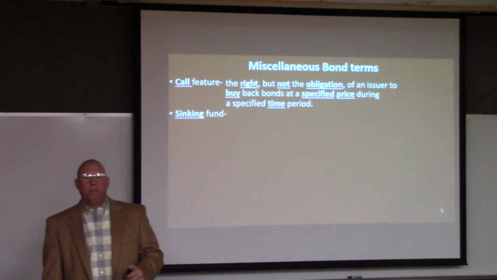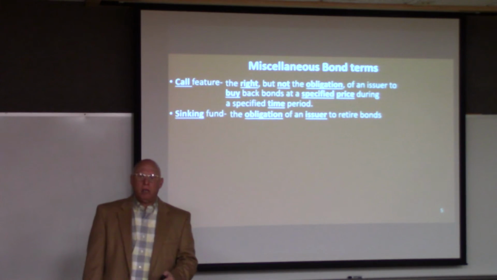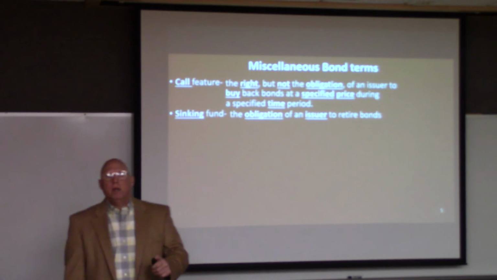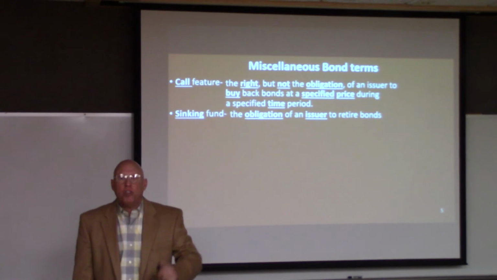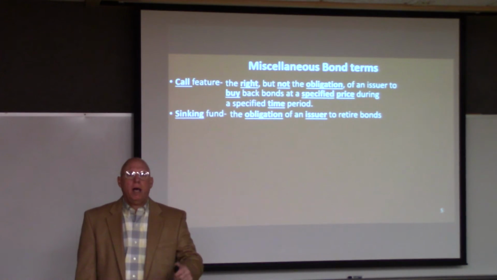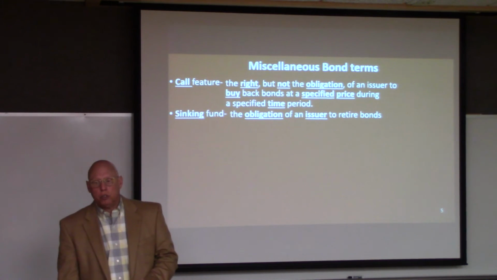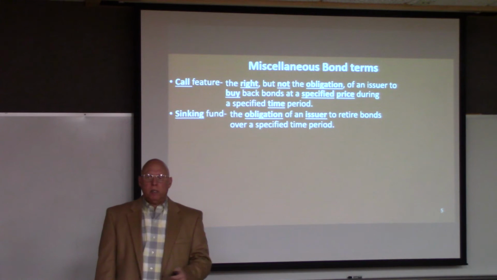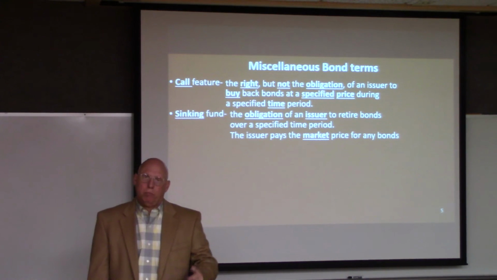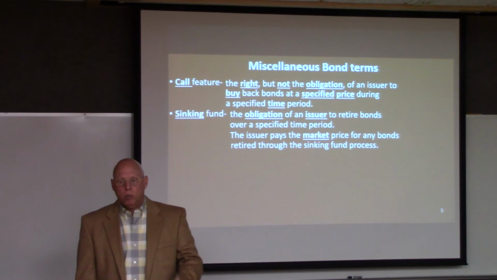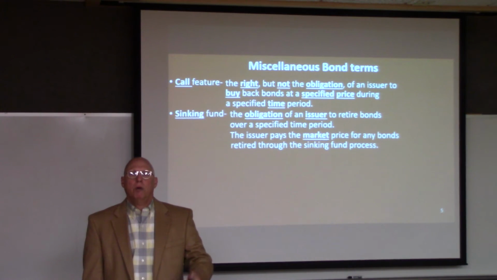This is a little different from a sinking fund. A sinking fund is when, in the indenture, the issuer has the obligation. They must. They don't have just the opportunity, the right, but they have the obligation to retire bonds over a specified time period, and the issuer will pay the market price for any bonds retired through the sinking fund process.